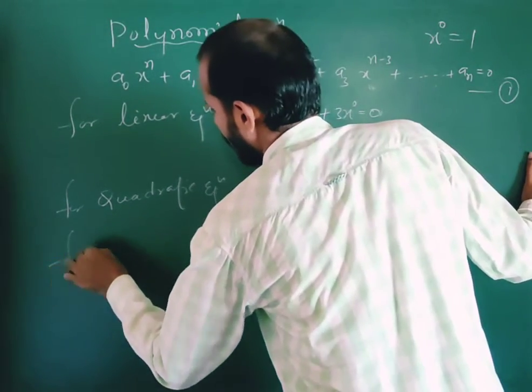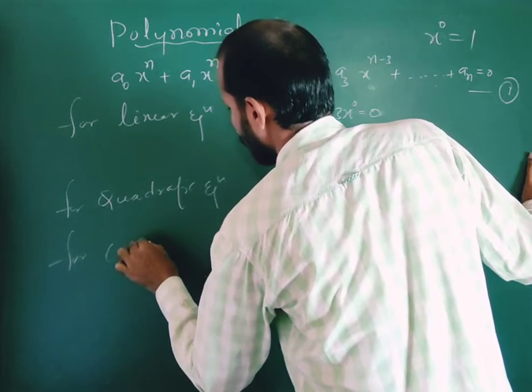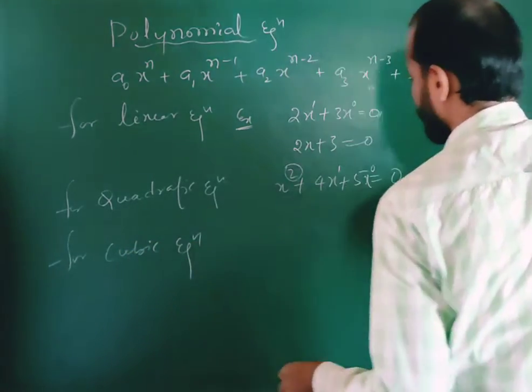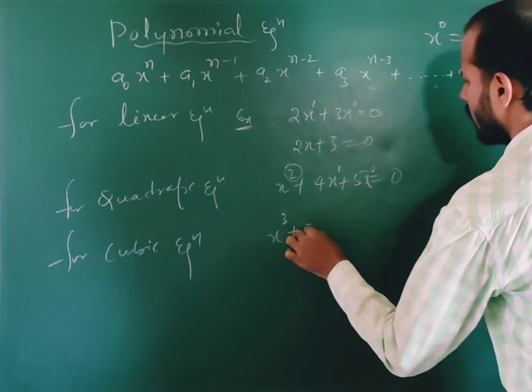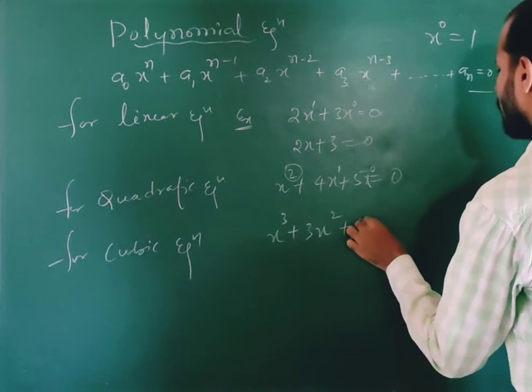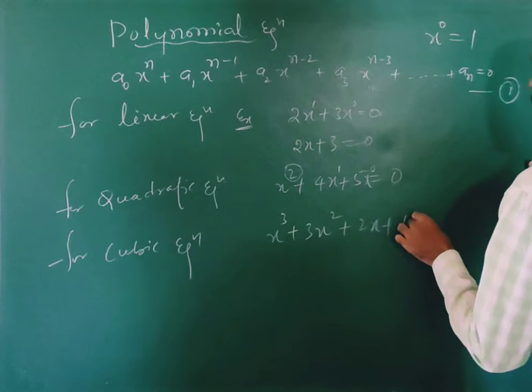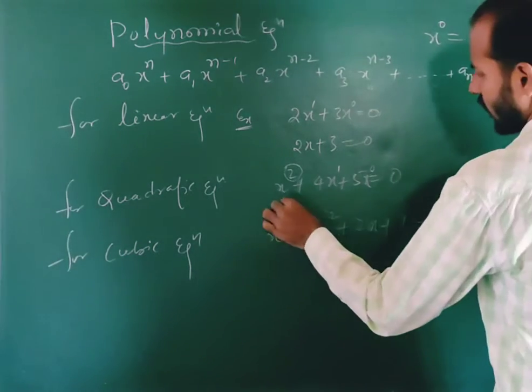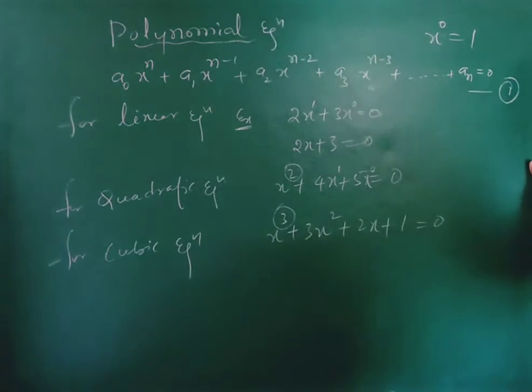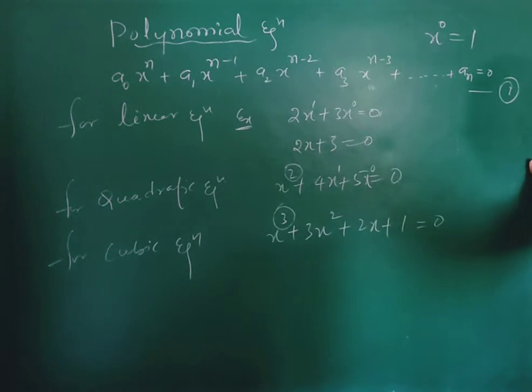Again, for cubic equation, that is nothing but x cube plus 3x square plus 2x plus 1, which equals 0. The highest power in that equation is 3. The degree is nothing but 3.